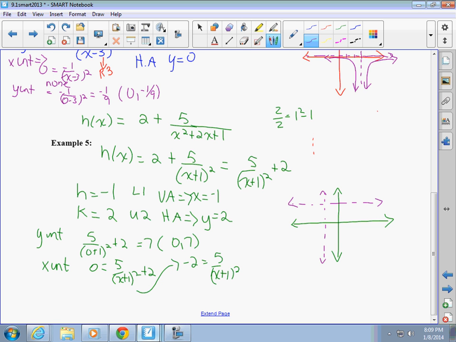So here, let me extend my graph here. Okay, so if this was 2, 4, 6, so we'll say 7 is right there.